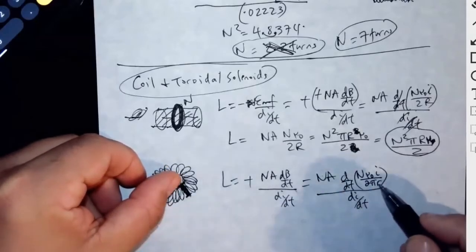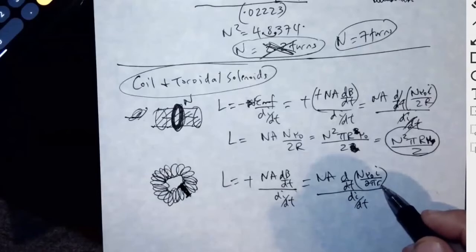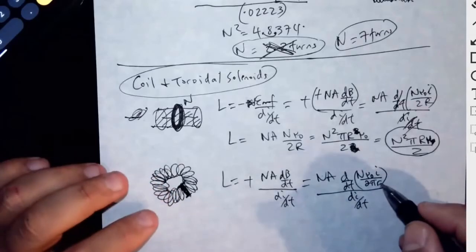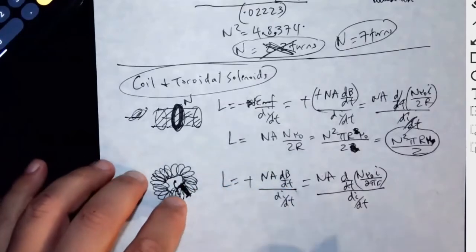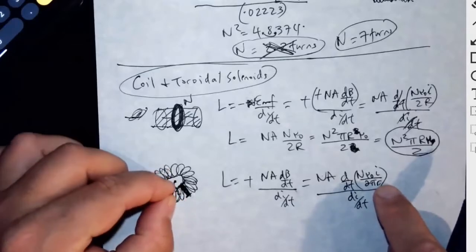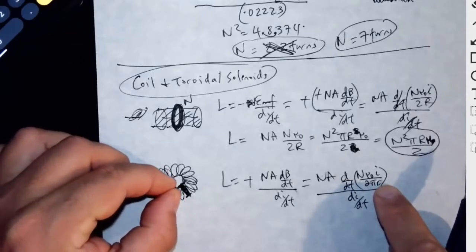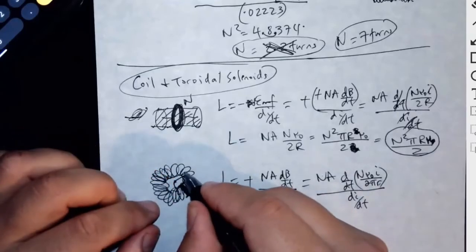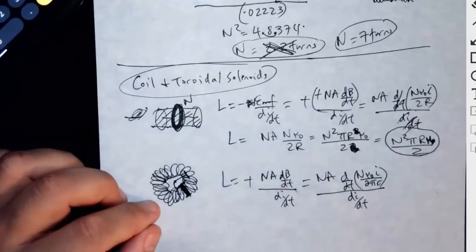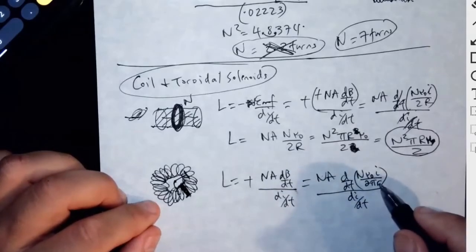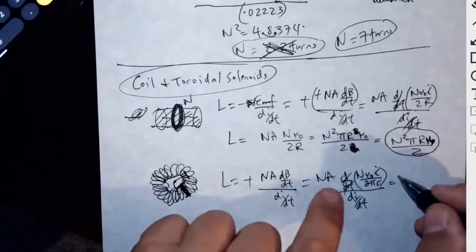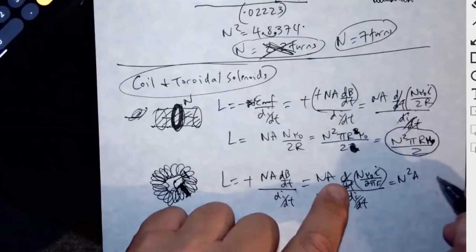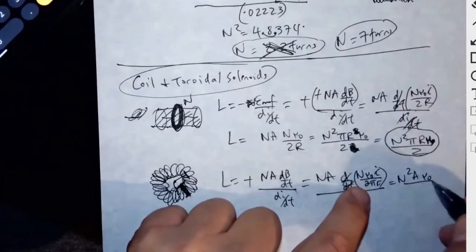So we should be integrating this, but if I want to not integrate, what I can do is use R as the average R from the center of the toroid to the middle of the toroid. So then the di dt will cancel, and I'll have N squared A mu 0 over 2 pi R average.